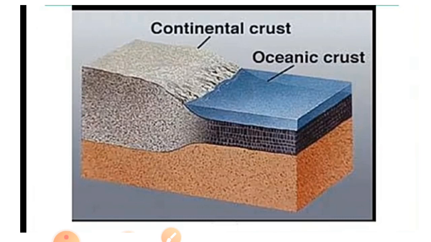Now, this continental crust is made up of many different types of igneous, metamorphic and sedimentary rocks, whereas oceanic crust is made up of silica and magnesium. That is, Si plus Ma is equal to Sima.